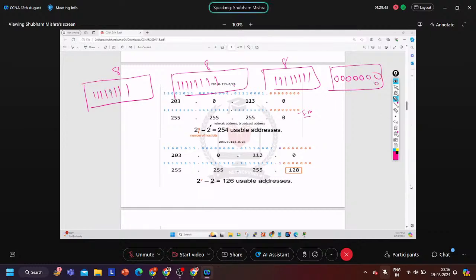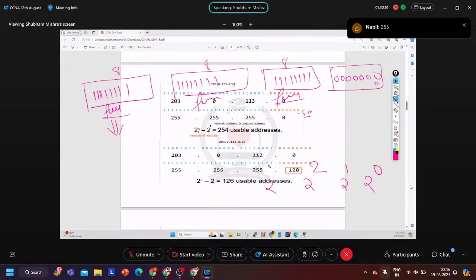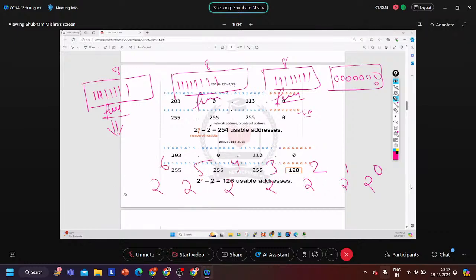Now this octet is completely full. If this octet is completely full, then what will be the value for this octet? 255. How can you calculate it? 2 to the power 0, 2 to the power 1, 2 to the power 2, 2 to the power 3, 2 to the power 4, 2 to the power 5, 2 to the power 6, and 2 to the power 7.